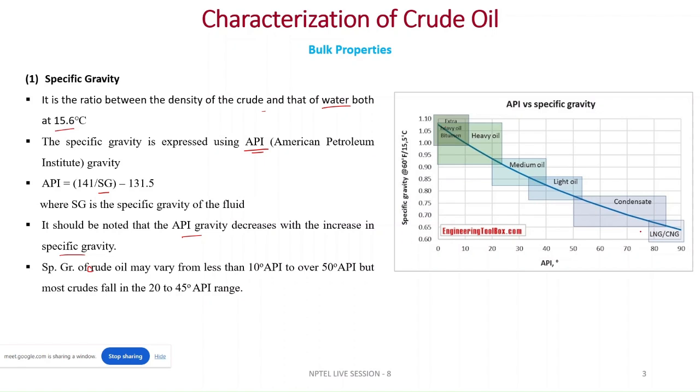That's what it is in the gaseous fraction, right? So this is the relation: when the specific gravity is increased, the API value decreases. This is the correlation we can say based upon this graph.